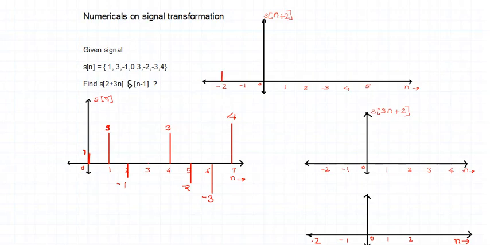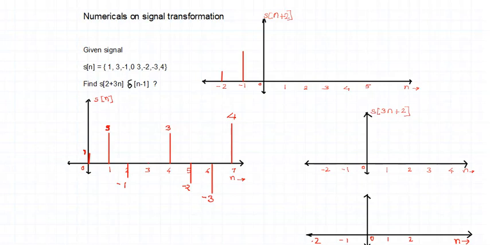Now this sample, shifted 2 units, definitely will be at -1, right? So just go on moving the position 2 units. If you move it 2 units, first it will appear at 0, then it will appear at -1. So this sample appears at -1, no change in the magnitude.